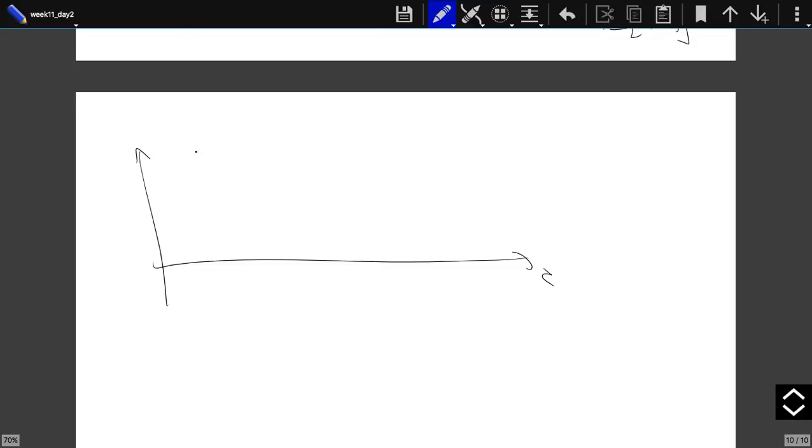We have a finite number of points. Let's say you start from here and end over here. This is x prime, this is x. And then what would you like? If you take the free particle as an example, this is the classical path we already know.